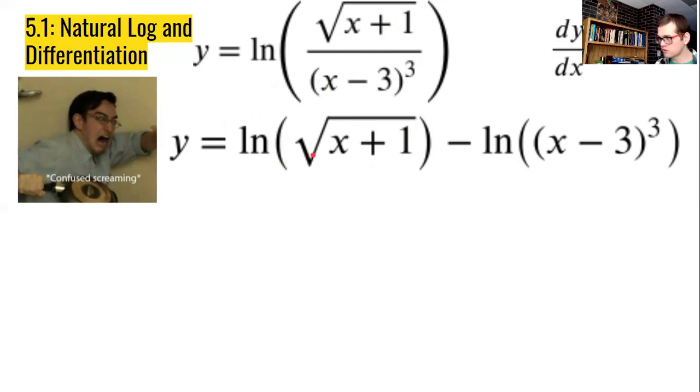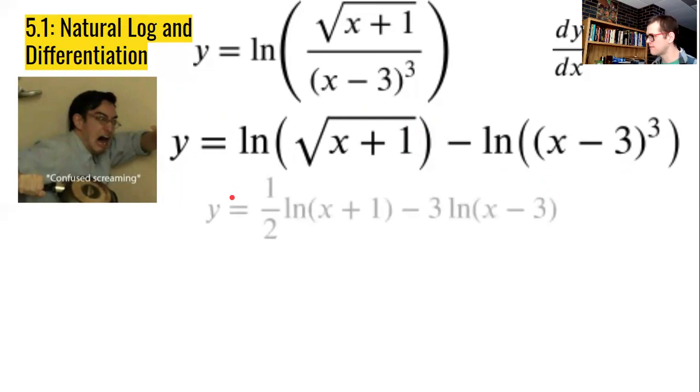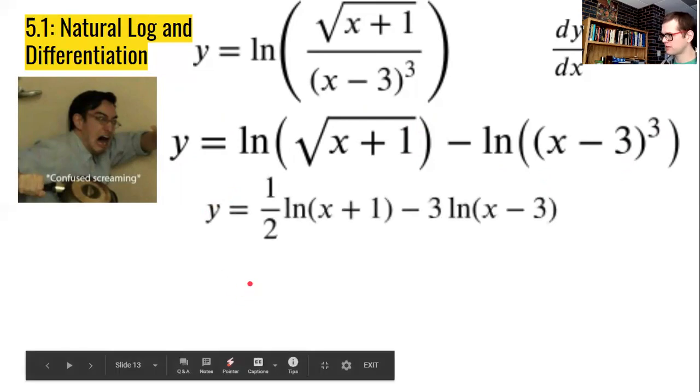In fact, we can use properties of logs even further, because the square root is just a 1/2 exponent. The 3 is an exponent of 3. With properties of logs, as you should know and remember, and if you don't, go look them up, we can take exponents inside and bring them out as coefficients, but we're not going to do that as much. I can rewrite it like this.